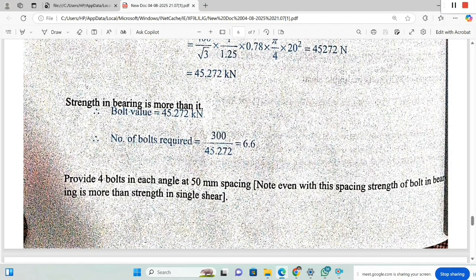The shear force to be transmitted is 300 kN divided by the bolt value, which gives 6.6. So 6.6, you have to go for the higher value, 7. Instead of the odd number 7, you go for an even number, 8.